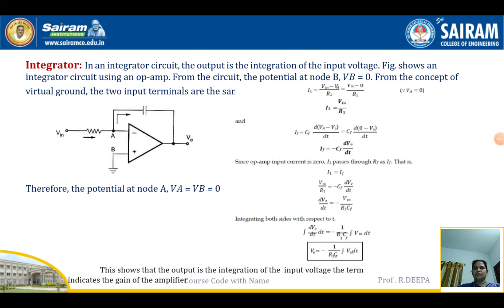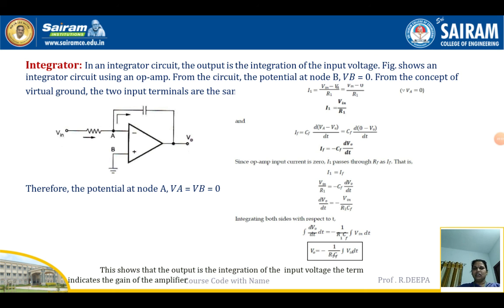The other assumption we have made is that the input current is 0. So I1 passes across the feedback path, which is the same as IF, that is, I1 is equal to IF. Let us equate I1 to IF and find out V0.